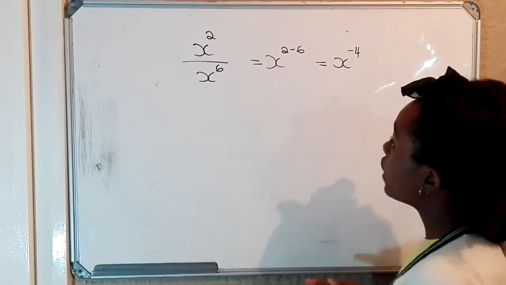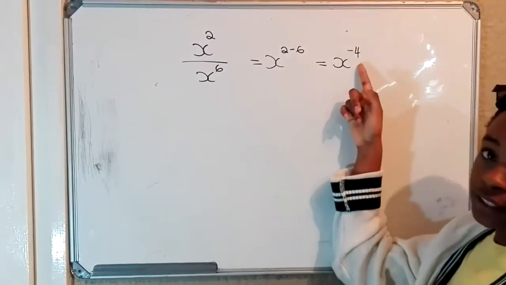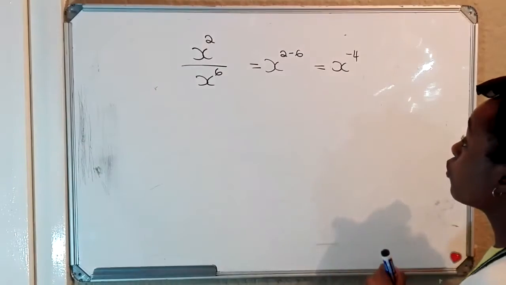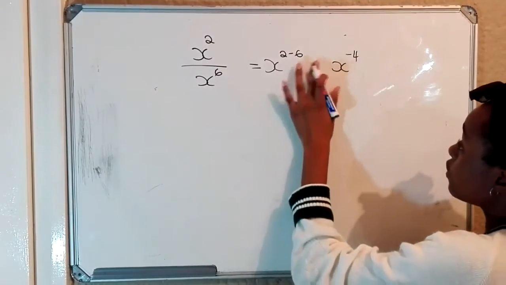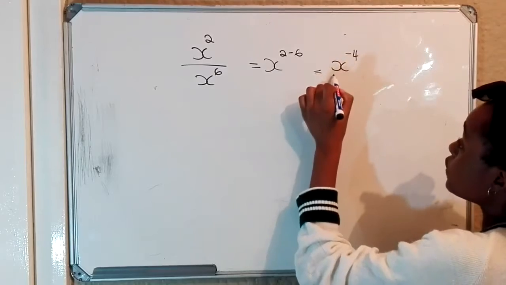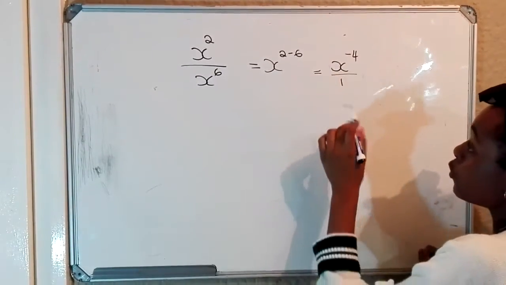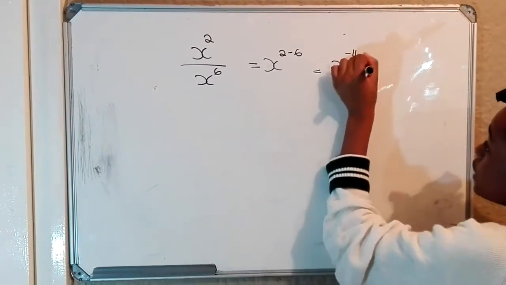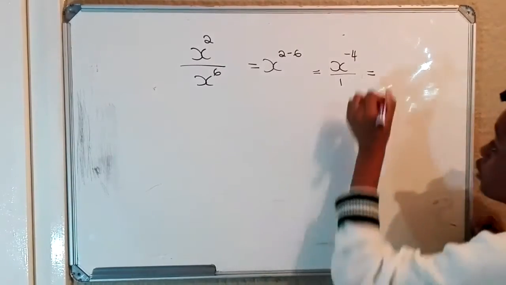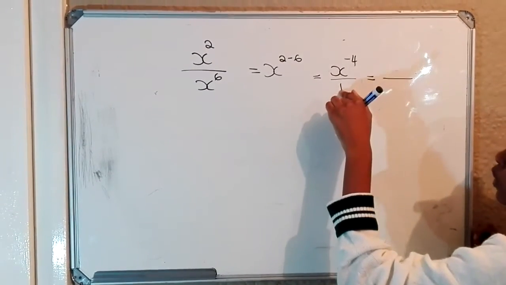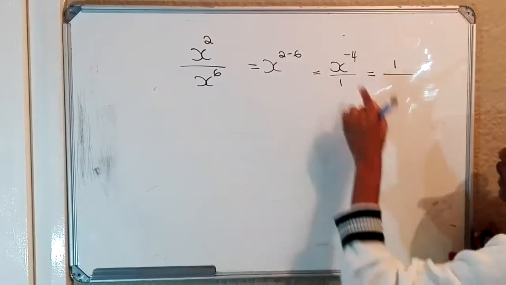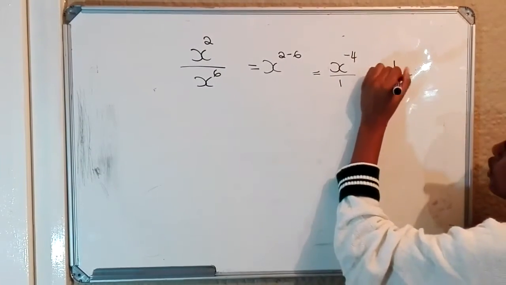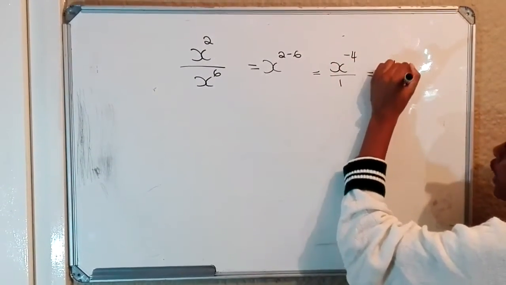But when we have variables, we don't like negative exponents. So what we do is we say x to the negative 4 is over 1, right? So we're going to switch places. When you switch places, it changes the sign. So instead of 1 being at the bottom, we're going to put it to the top, so we have 1 there. And when we move x, it's going to become positive 4, okay?